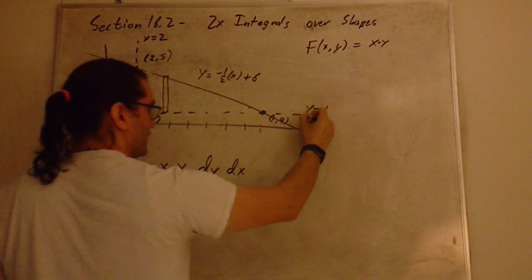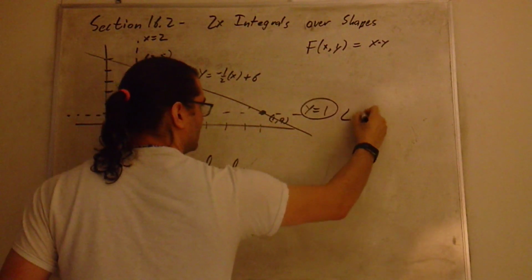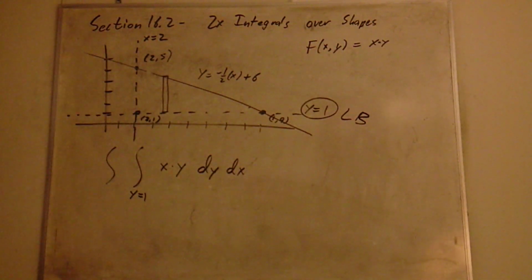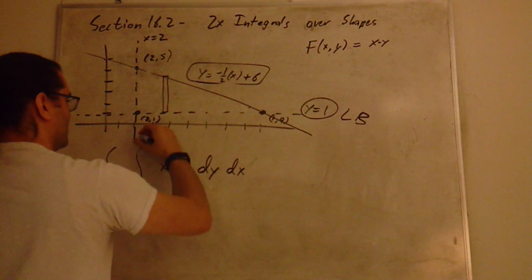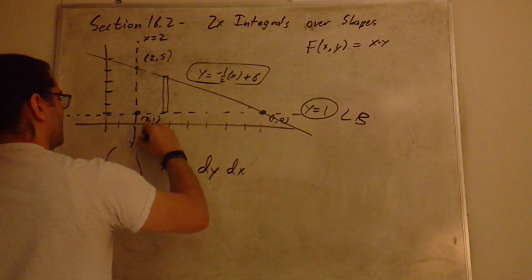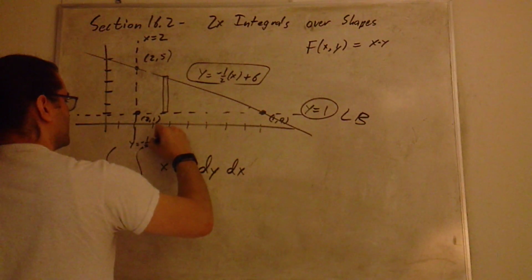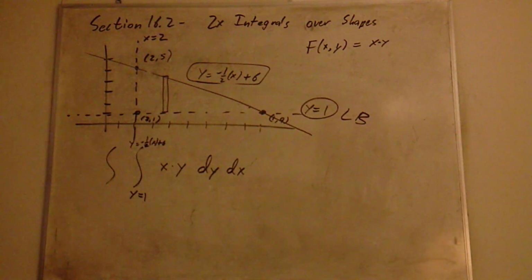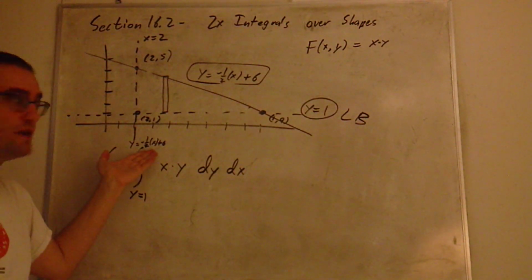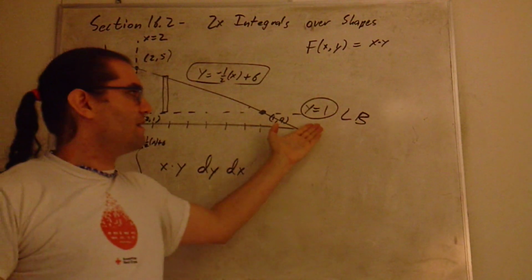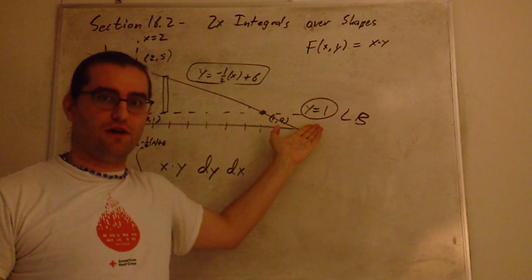It's this function right here. Lower bound. The upper bound on y is this function. So y equals negative 1/2 x plus 6. The function is the upper bound in the exact same way that this function is the lower bound.